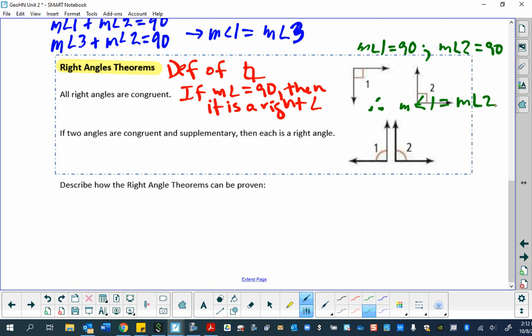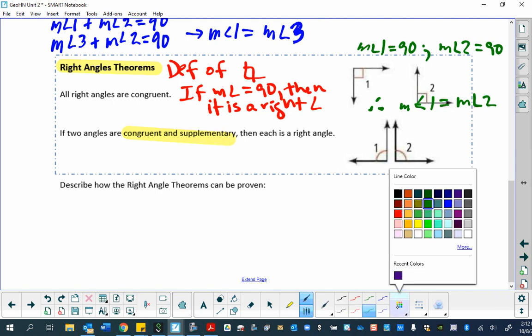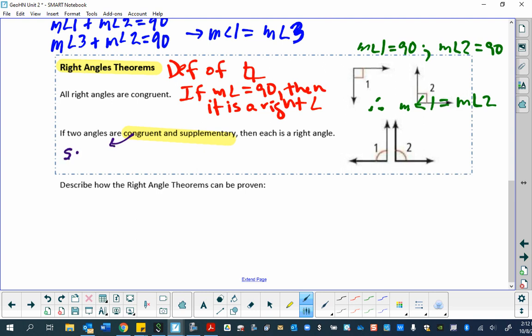Got it. If 2 angles are congruent and supplementary, then each angle is a right angle. Congruent and supplementary, let's break that down. Congruent means that they have the same measure.